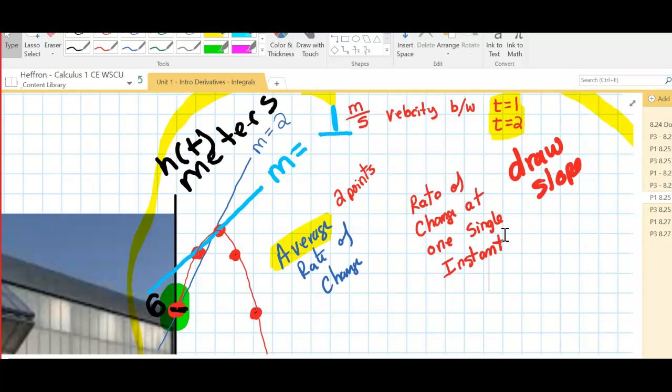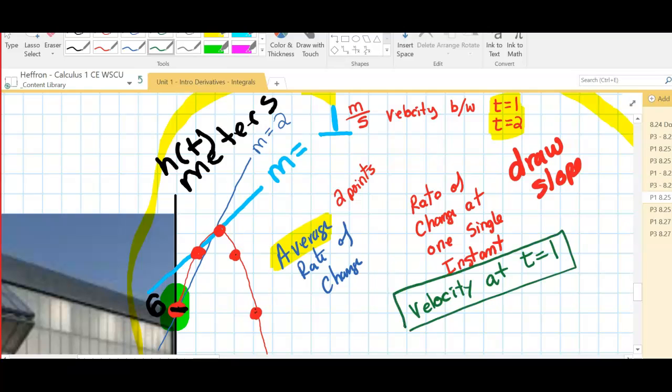If we were going to find the velocity at t equals 1, what would the interval be, do you think, Leslie?